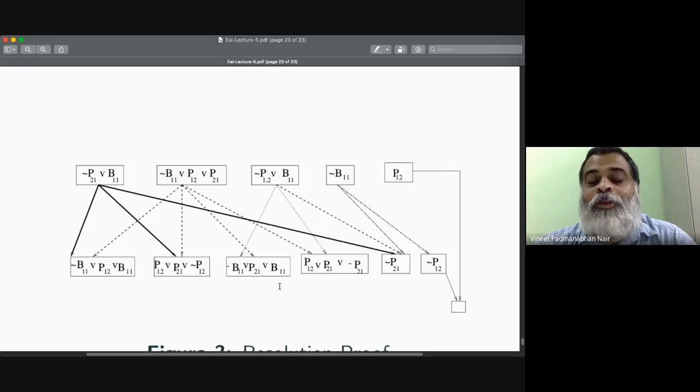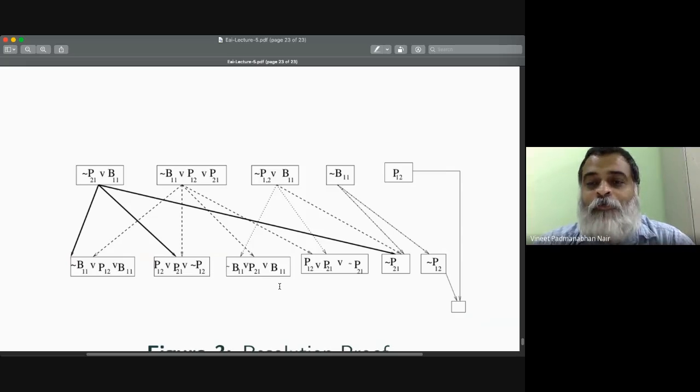So this is what is called, when you write an algorithm to solve any propositional formula by way of resolution refutation, this is how it should work. Now, do you have to go through all this process to find a contradiction? Need not. You might arrive at a contradiction before itself.